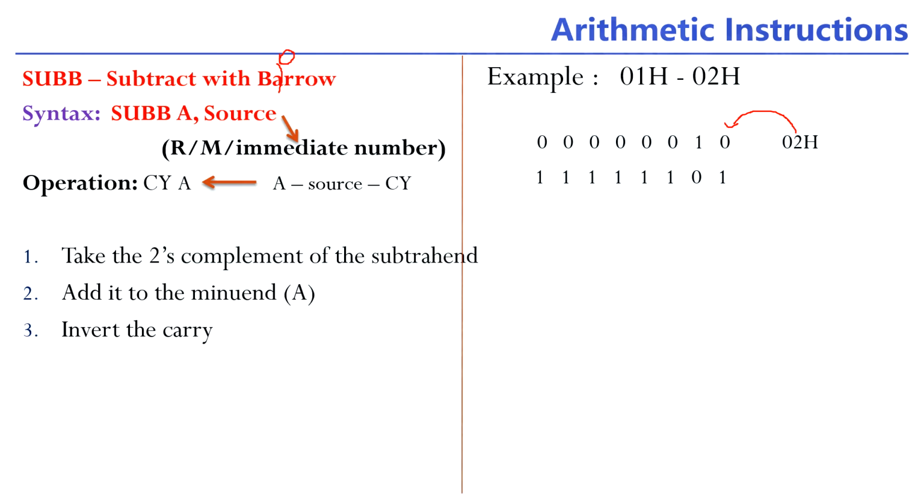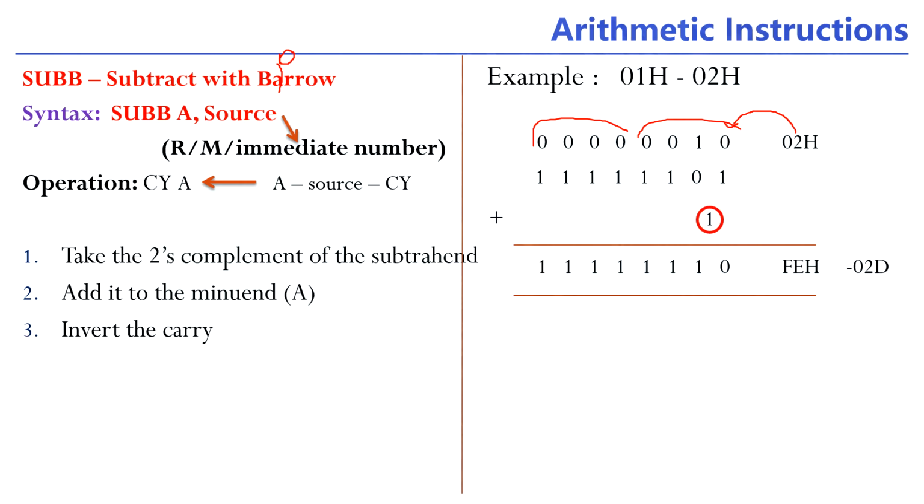So the number we can represent in binary in this way: 00000010, right? Second thing, first of all, when we calculate the number in this way, right?